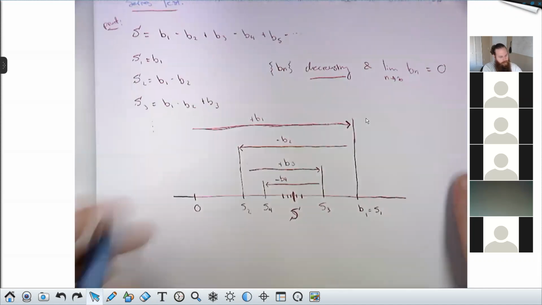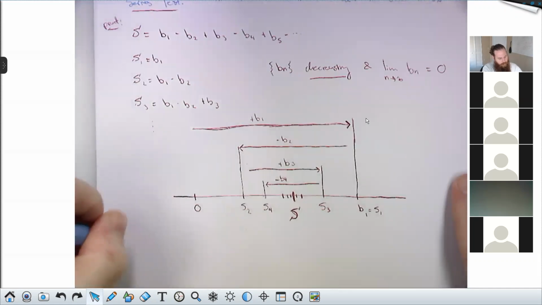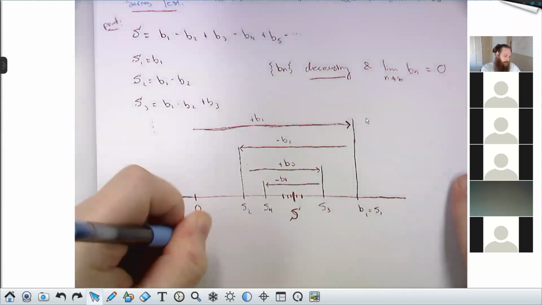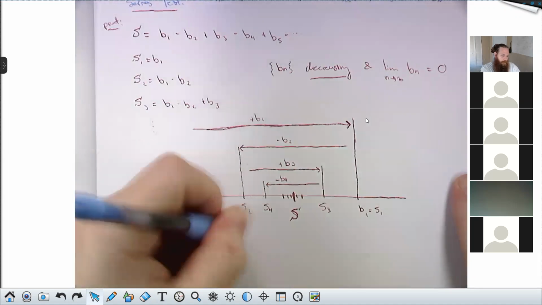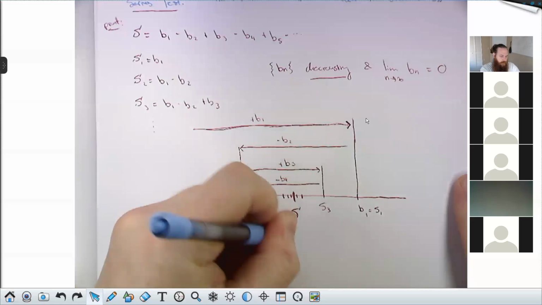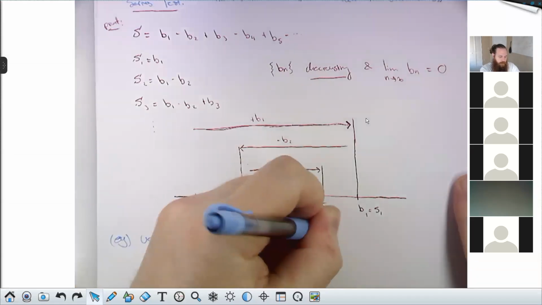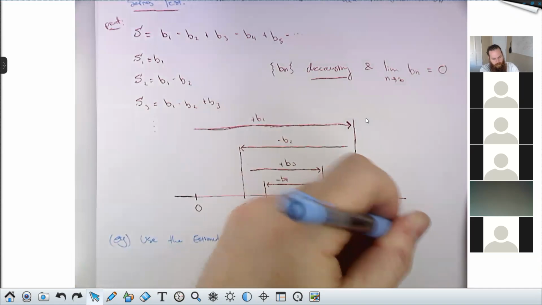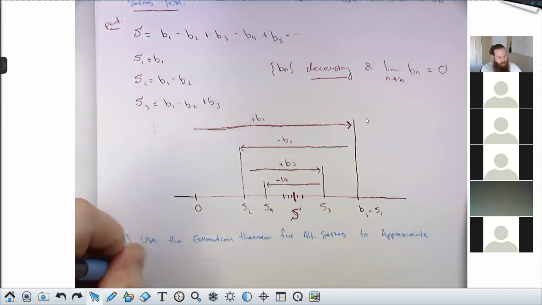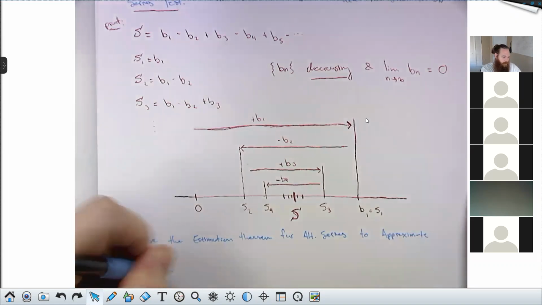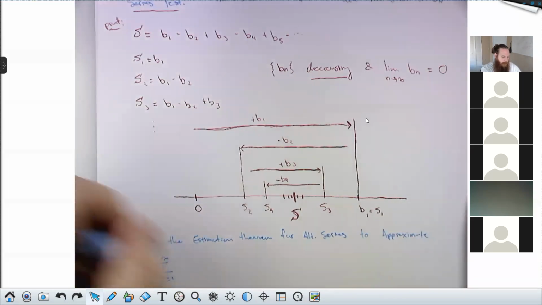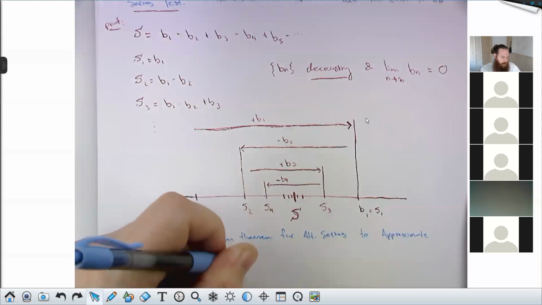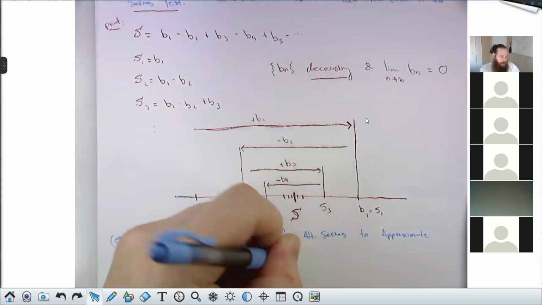Let's use this. Use the estimation theorem for alternating series, I'll just write alt series, to approximate the value of that alternating harmonic series, the one that we already showed converges, accurate to 3 decimal places.